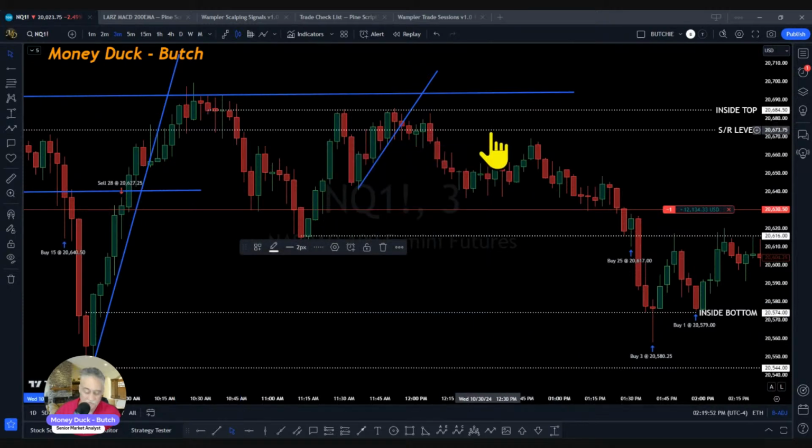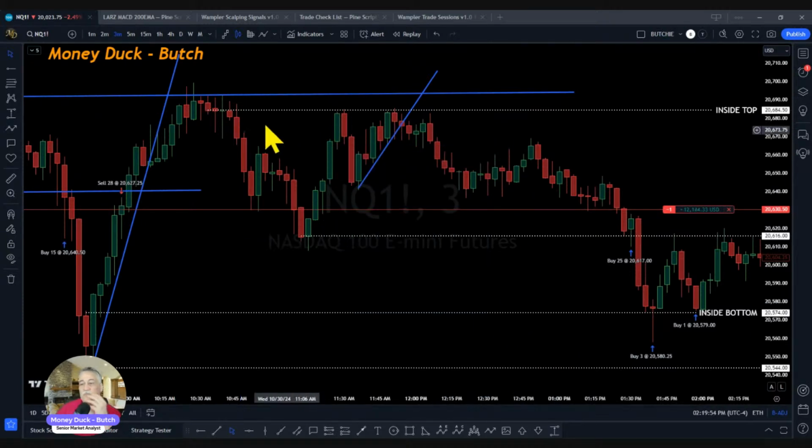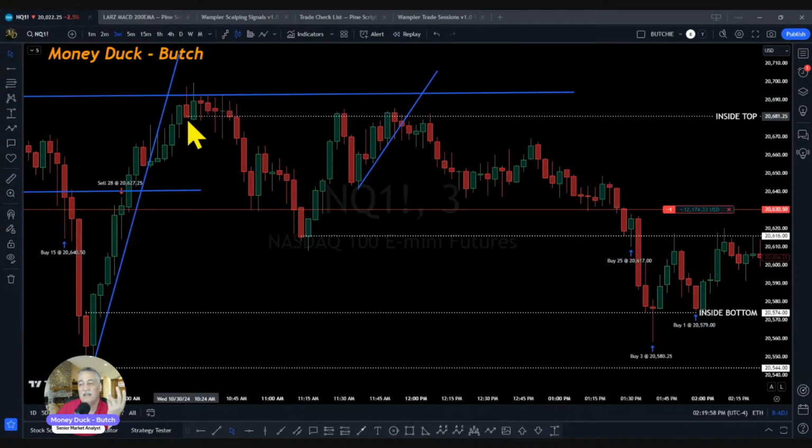And I'm going to pull off this support and resistance level. You might not have had it marked here. You might have marked it here, something like that. But again, this right here is a high. Okay, it's a swing high. Pulled up, turned, pulled down. Swing high, mark the inside of that.